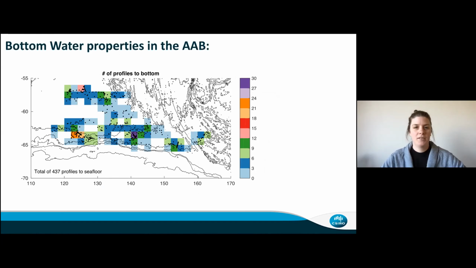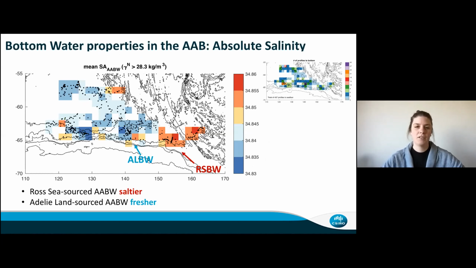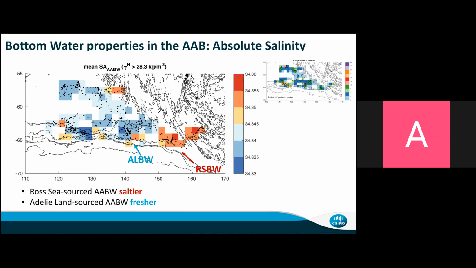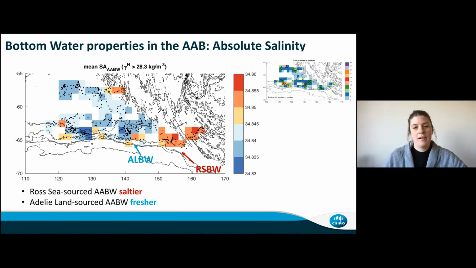So this is just the number of profiles that reach the bottom, which is not very exciting. And then you can map out in each of those little boxes the average salinity of the bottom water, and you do see this saltier version of Ross Sea bottom water coming out between 150 and 160 east, and then a slightly fresher version of Adelie Land source bottom water coming out near 140.